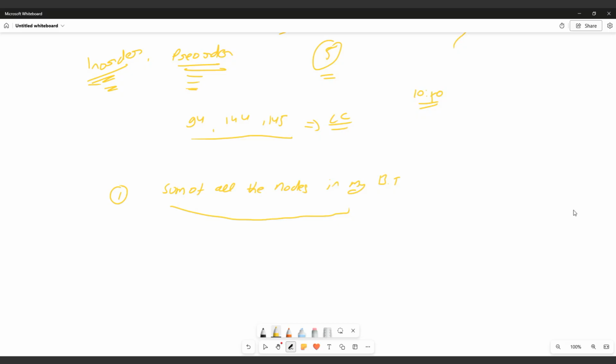What I am saying is that if this is a binary tree like 1, 2, 3, 4, you have to write a piece of code which returns its sum. Sum of my binary tree means 1 plus 2 plus 3 plus 4, which is 10.